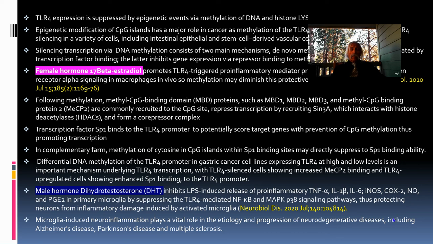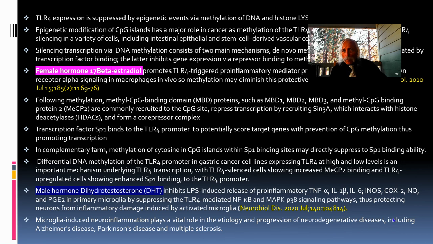It inhibits LPS-induced release of all these pro-inflammatory cytokines: tumor necrosis factor alpha, interleukin-1 beta, interleukin-6, also inducible nitric oxide synthase, and cyclooxygenase 2. We just saw that one. And then the product of nitric oxide synthase, nitric oxide, of course, and PGE2 come from COX2, like we just mentioned.